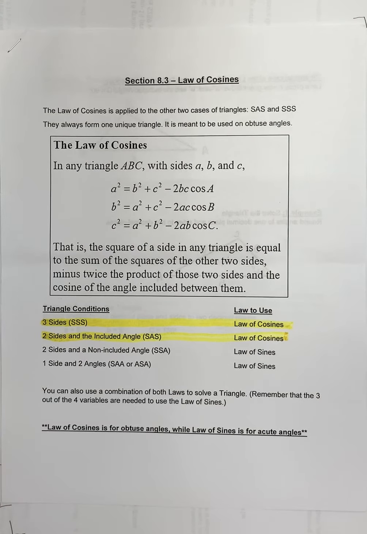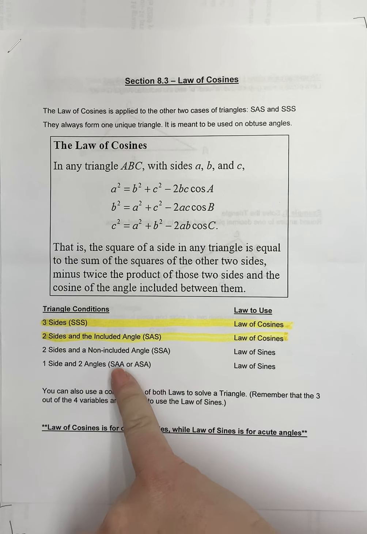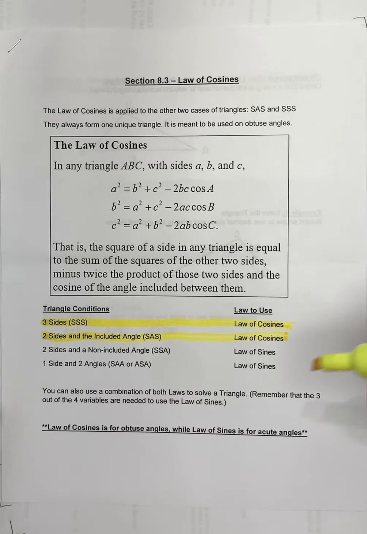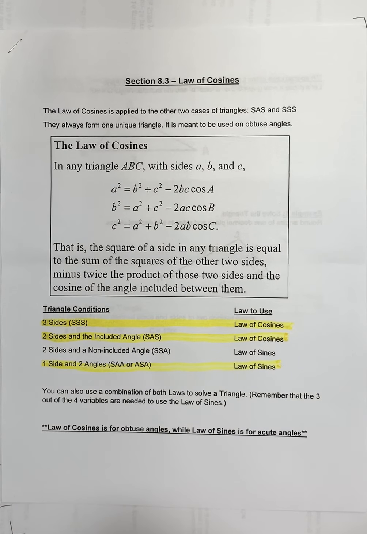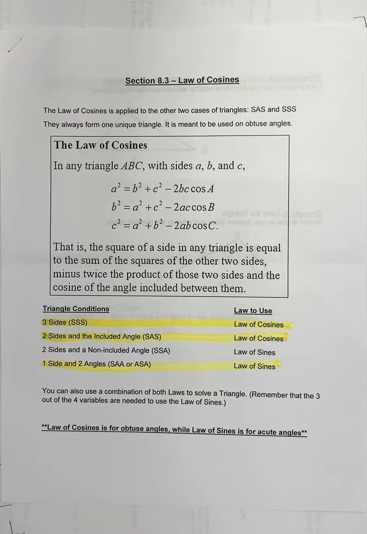Make a note, that's a MyMathLab question. If we have two sides and a non-included angle, look, there's that word spelled backwards, that leads us to the ambiguous case, and that's the law of sines. The fourth possibility is that we have one side and two angles, and it really doesn't matter which side we're given. That's the law of sines, and again, that's a MyMathLab question.